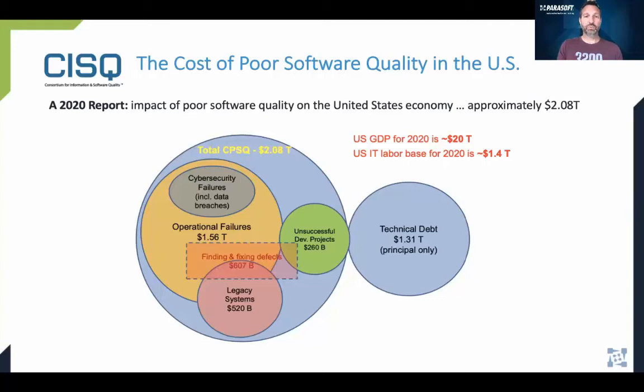And this 2.08 trillion doesn't include technical debt, which is this is just new cost, if you will. Whereas technical debt is kind of the principal, if you will. There's no interest on that, no ongoing. It's there. And so we're talking about a significant amount of cost here and technical debt.